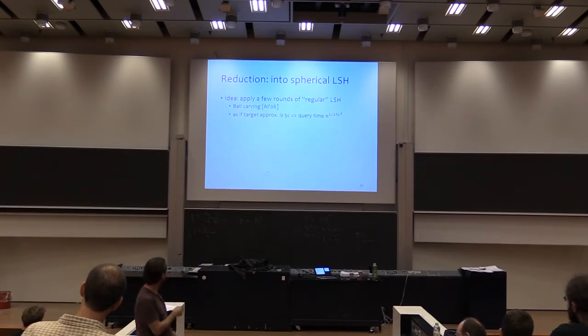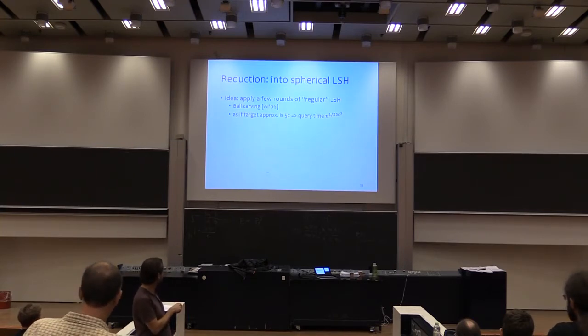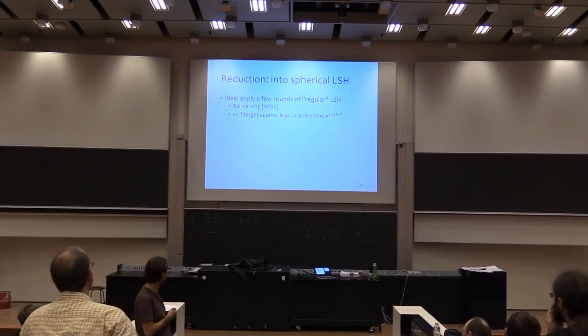So you think about this as applying a few rounds. So basically you apply LSH, but don't use the K as predicted by theory, but use much smaller K. So basically we'll do only a coarse partition of the space. So we prepare as if the target approximation is something like 5C, as opposed to actual approximation C.